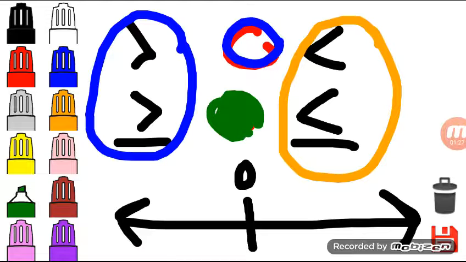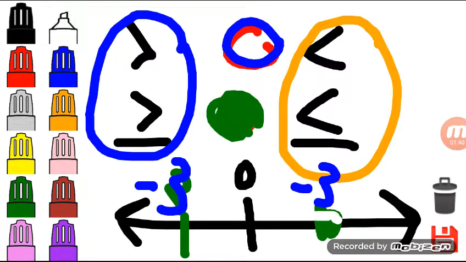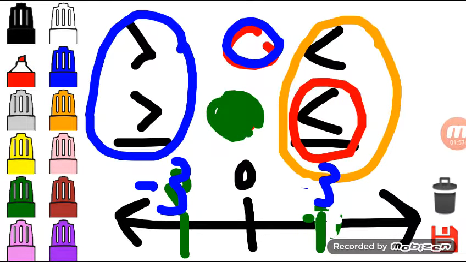Let's just say it was 3 and -3, and let's say it was less than or equal to 3.